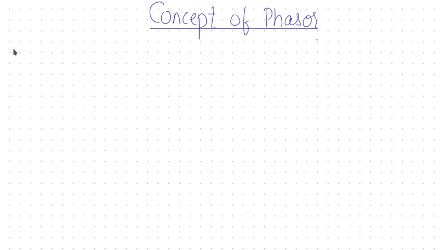Now, in general we denote a signal as V(t) equals Vm sine(omega t plus phi).